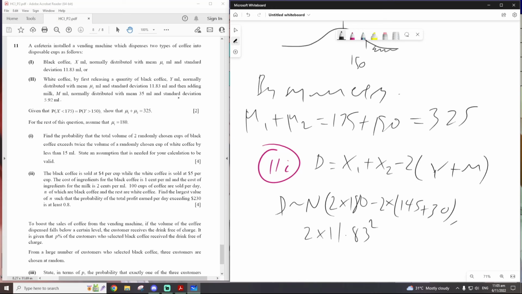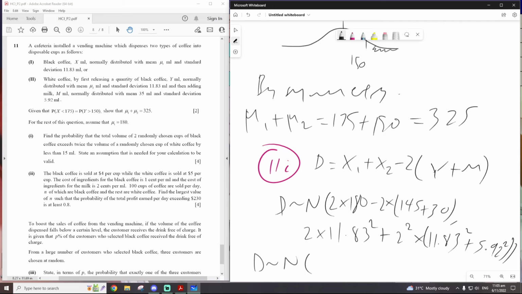Then when you subtract random variables, you actually add the variance, and you square 2. So you get 2 squared times 11.83 squared. And actually, you need to add m also. So you add the 5.92 squared, which is the standard deviation. And this will be your variance.